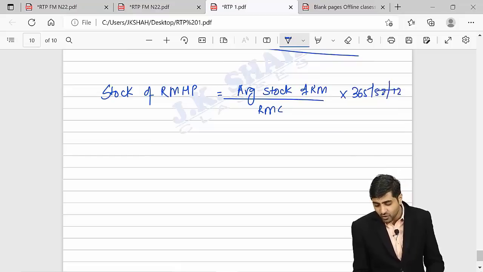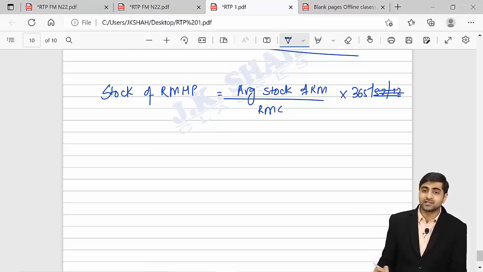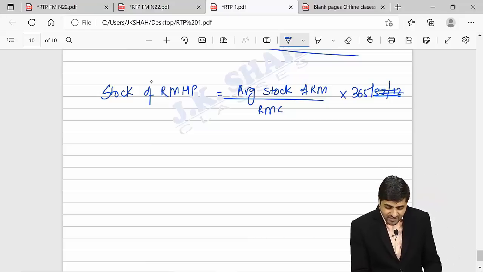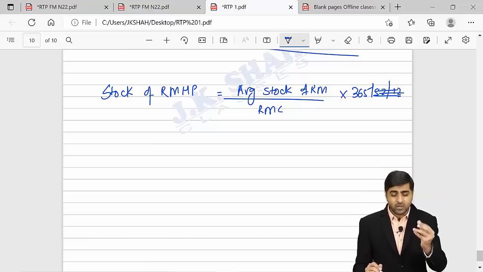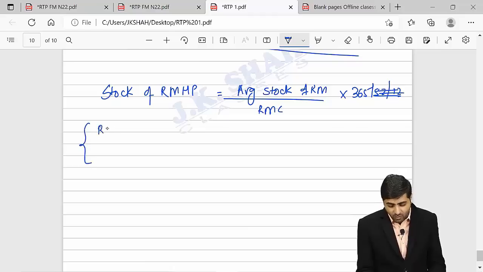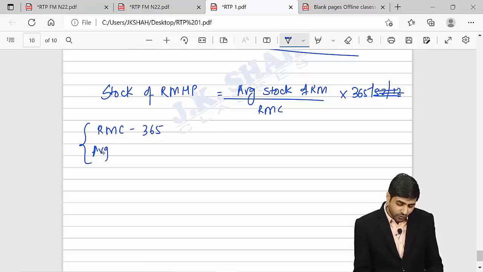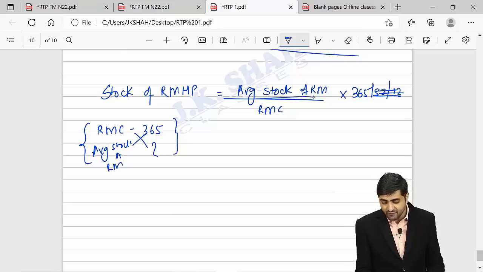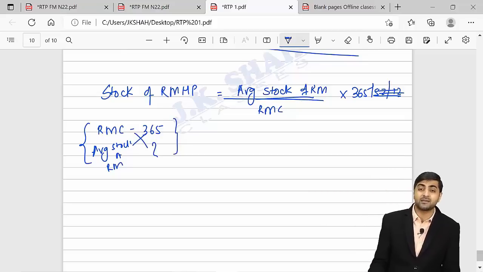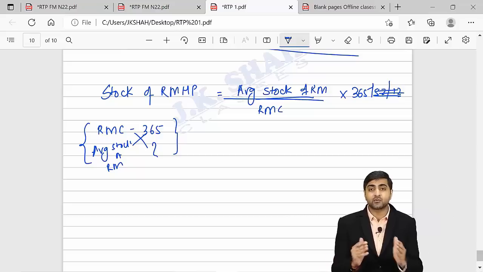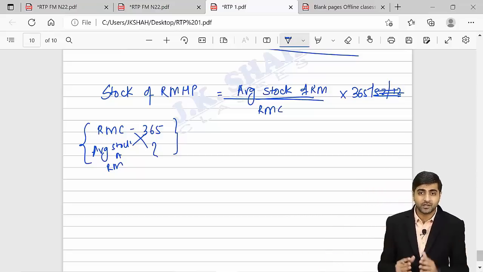Now here if no information is given to you, we will always calculate this in days, and this formula is arrived at by this simple logic: whatever is your raw material consumed on a per annum basis, we need to check for the average stock of raw material how much time period will be required. So you simply take average stock of raw material, divide that by RMC into 365, that will give you your stock of raw material holding period.